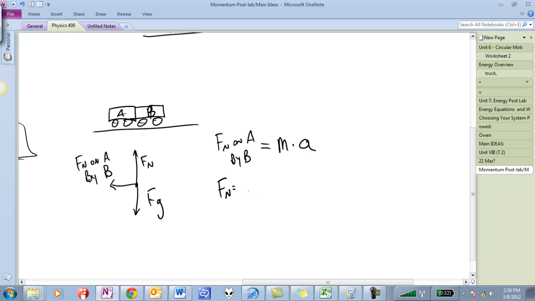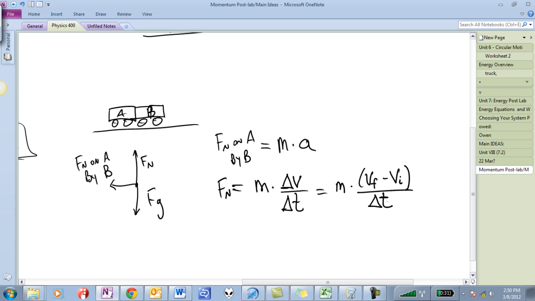We said Fn, or in this case, the outside force, is equal to mass times delta V over delta T. And if we wanted to simplify this, we can say this is mass times delta V, which is Vf minus Vi, all over delta T.